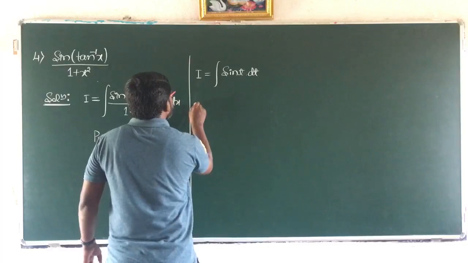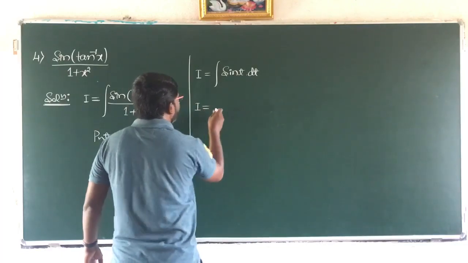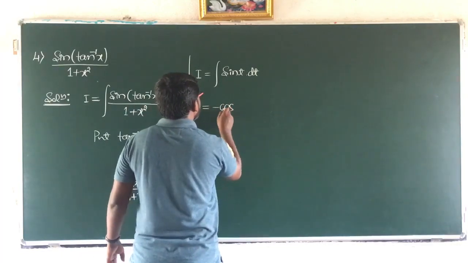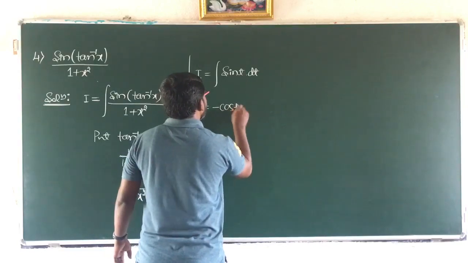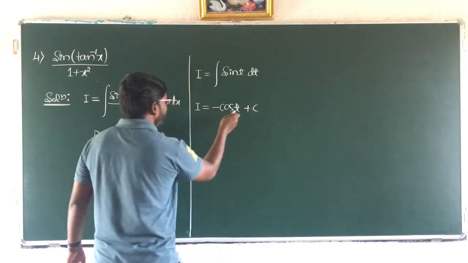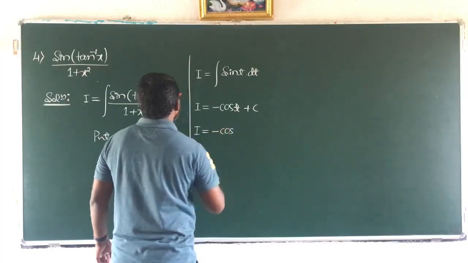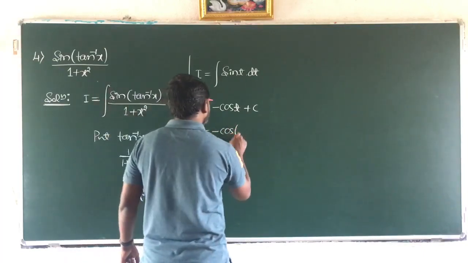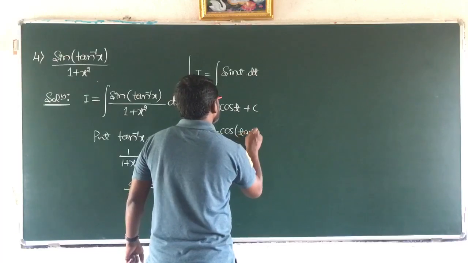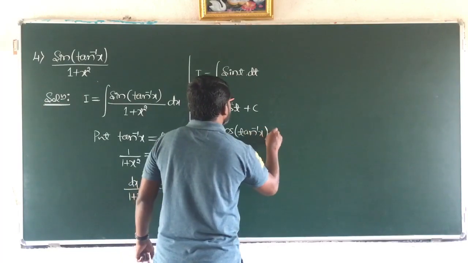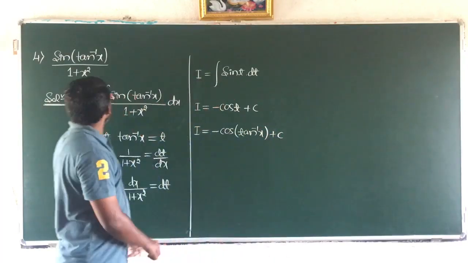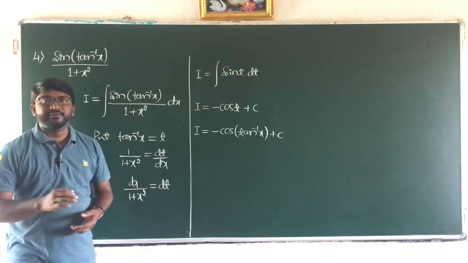So now what is the integral of sine t? It is minus cos t plus c. So replace t now. I is equal to minus cos of tan inverse x plus c. So this is the final answer for the fourth one.